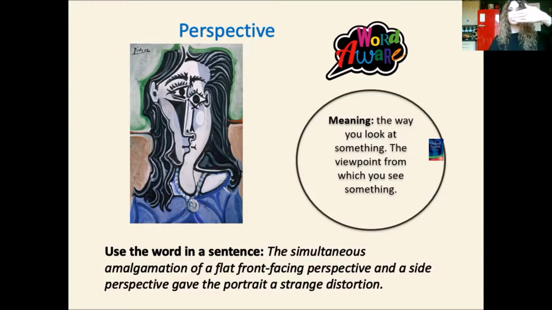So it's like a side view and a front-facing view that are joined together, overlaid over the top of each other to form a strange 3D perspective. It is like two 2D perspectives joined together to make an unusual 3D perspective.